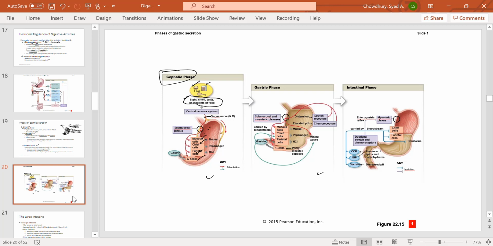Then after the food enters into the stomach, the mechanoreceptors, also called the stretch receptors, by pressure, and chemoreceptors would be activated, and through the submucosal and myenteric nerve plexuses will stimulate the smooth muscle and glands to cause the secretion and contraction. Makes sense? And then the intestinal phase, you see the foodstuff enters into the duodenum or first part of the intestine, and that would secrete the hormones.